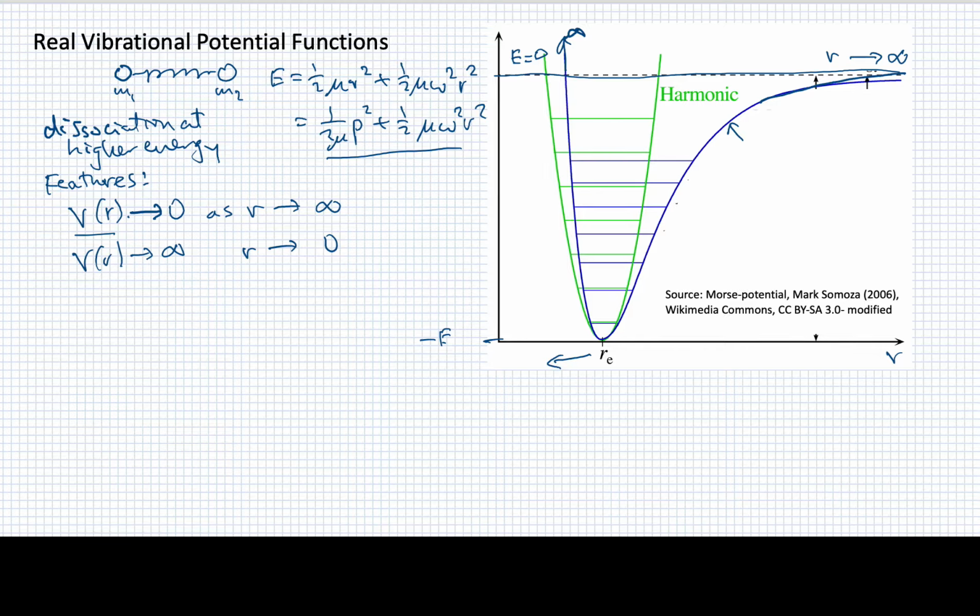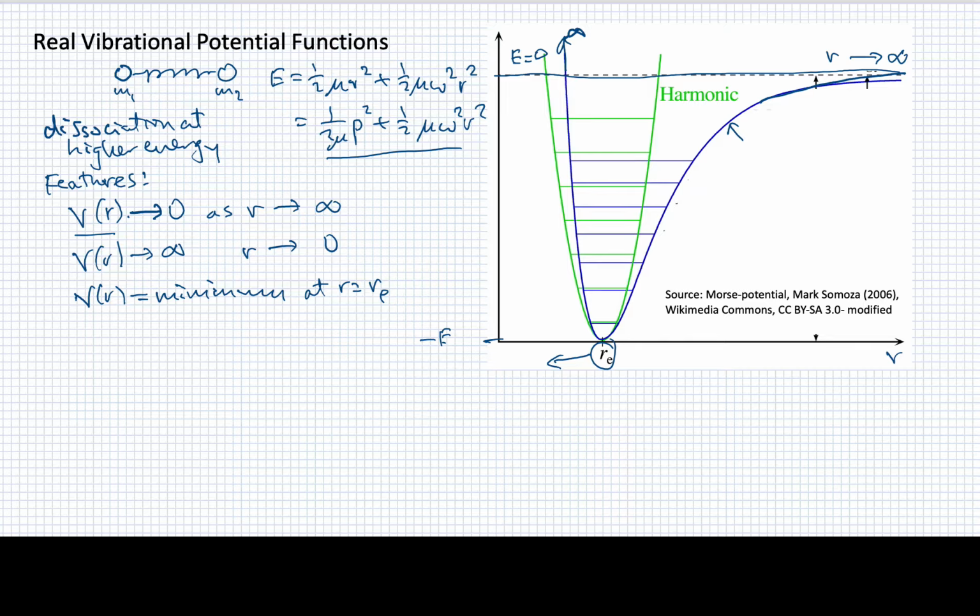And finally, we have a point where there's a minimum. And that minimum point is something that occurs, we'll say, at a position r equals r sub e, which is drawn here. And that point is known as the equilibrium point for the potential.